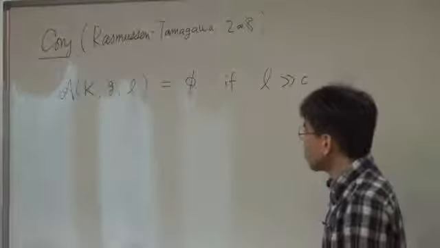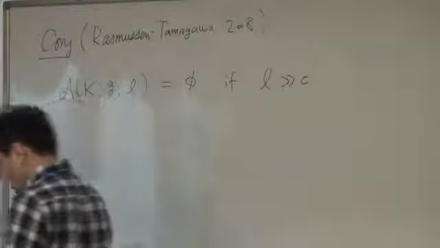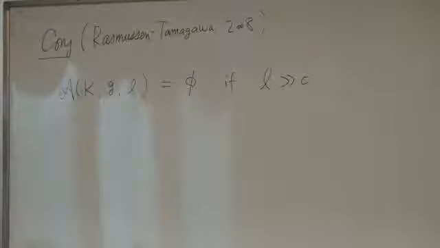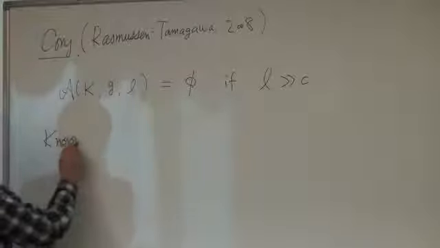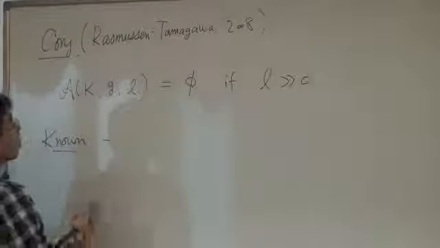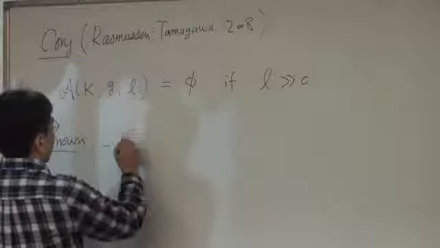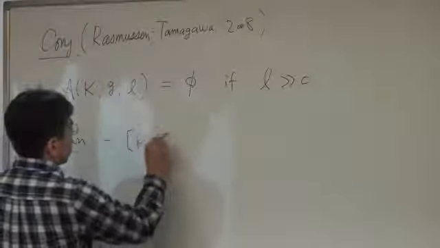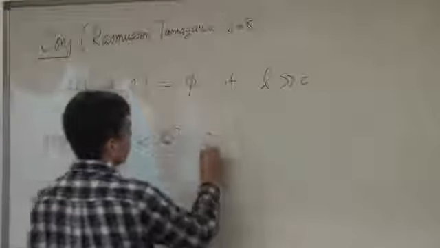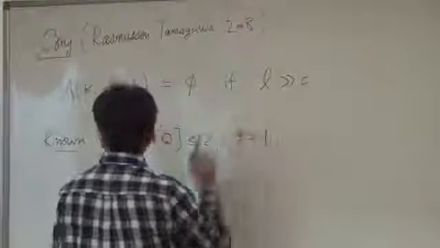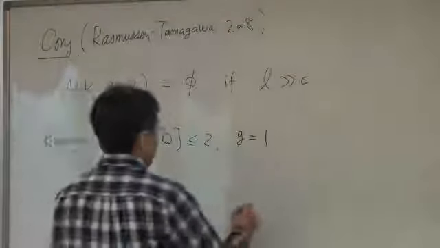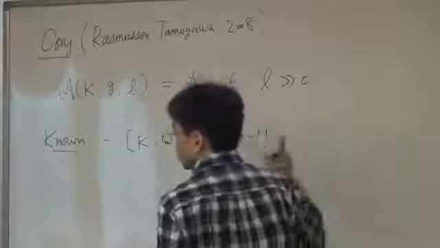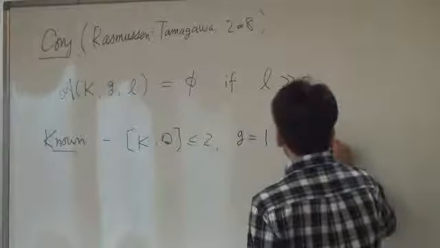Anyway, they consider this conjecture, and some known results are, for example, if K is Q or a quadratic field and there is an elliptic curve, then this is true. This is by the original paper.